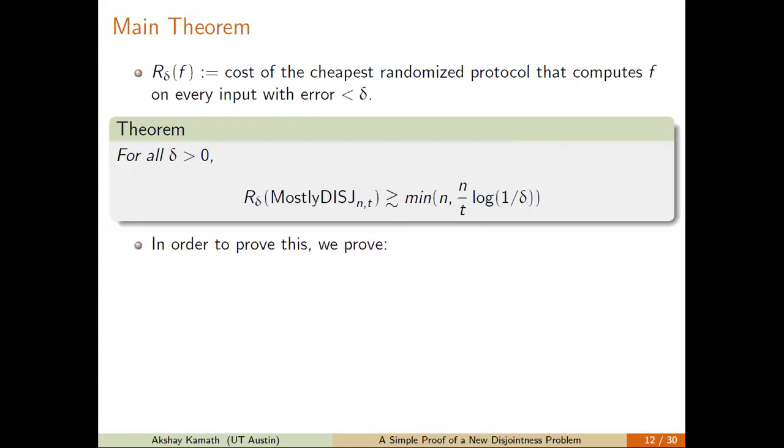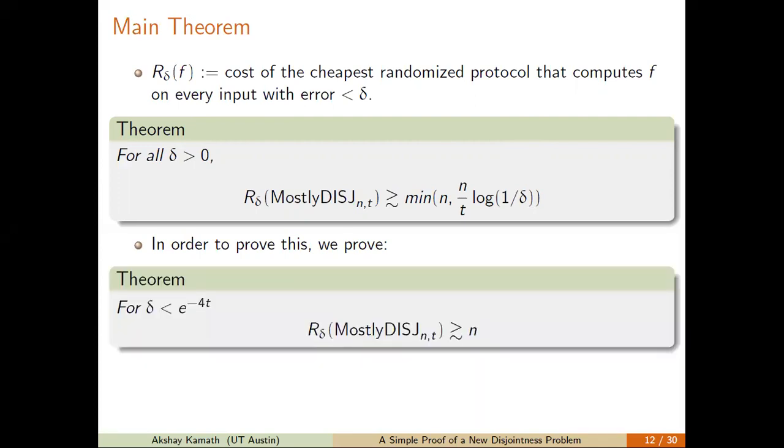In order to prove this, we prove a more restricted version of this theorem, where we show that for delta being very small, that is less than e to the negative 4t, the randomized communication complexity of mostly disjointness on n coordinates with t players is at least n.